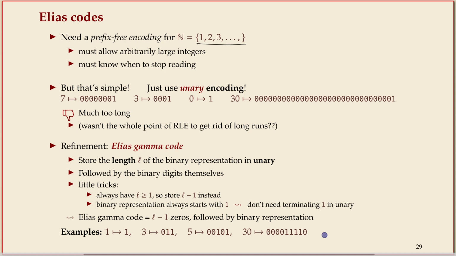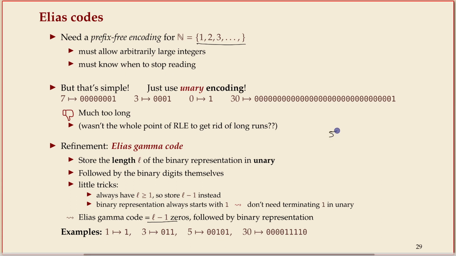And so what comes out of that is this encoding, and we'll practice it in an example in a second. So again, what is it? The length of the binary representation minus 1, that we write in unary, and then followed by the binary representation. So let's do the example of 5, okay?